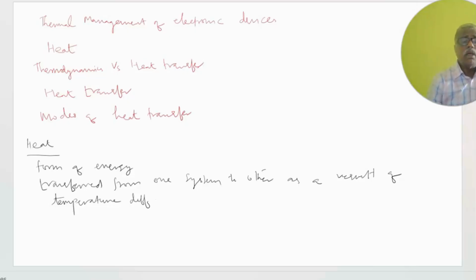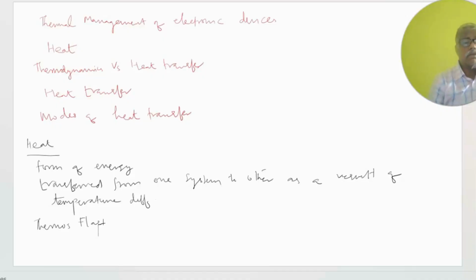Now, why do we need a separate subject called heat transfer? Let us discuss this with the help of an example of a thermos flask. We know thermos flasks are used for storing things hot or things cool even.